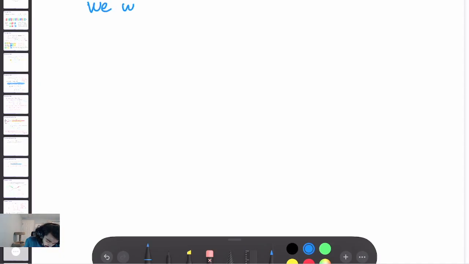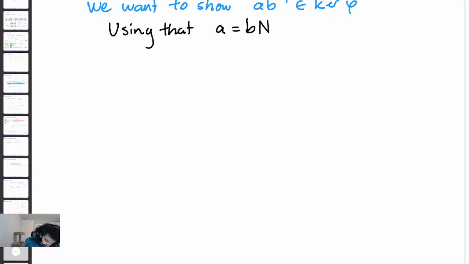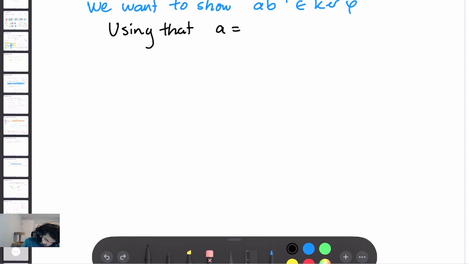So we want to show that a b inverse is in the kernel of phi, and we're using that a equals b n for some n in N. So what I want is to manipulate this equation so it looks like a b inverse.